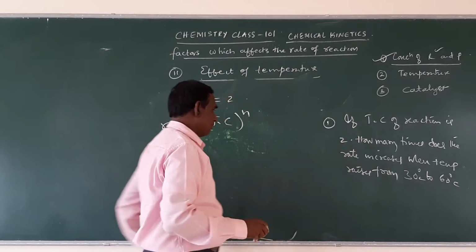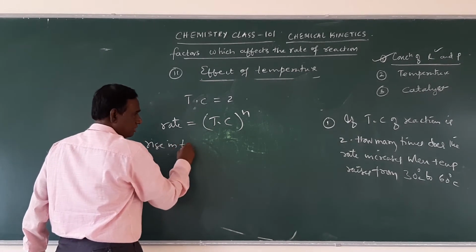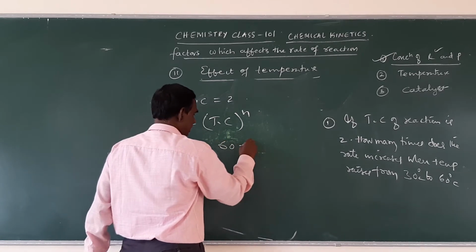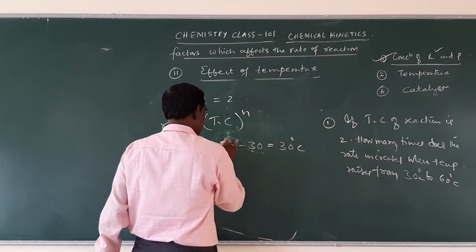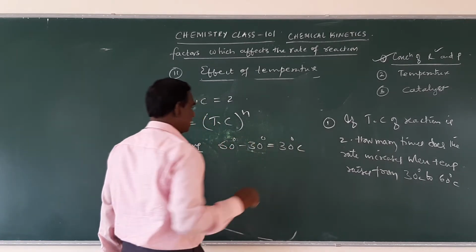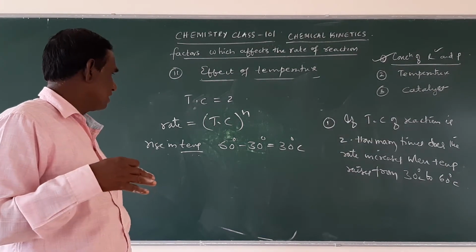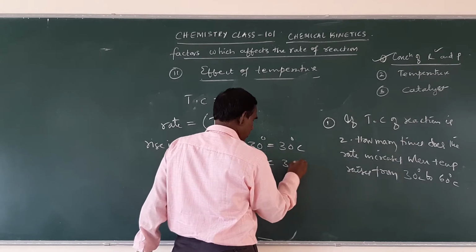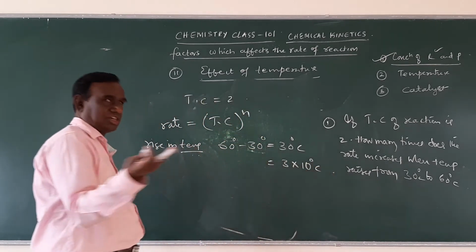Now the rise in temperature is 60 minus 30, that is 30 degrees Celsius. That can be written as 3 into 10 degrees Celsius. 3 into 10 means 30 degrees Celsius.